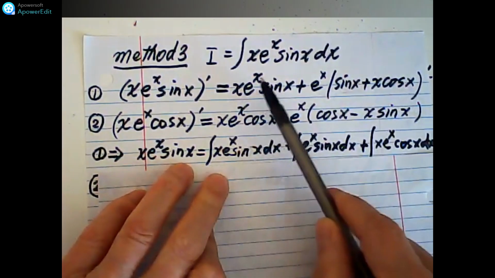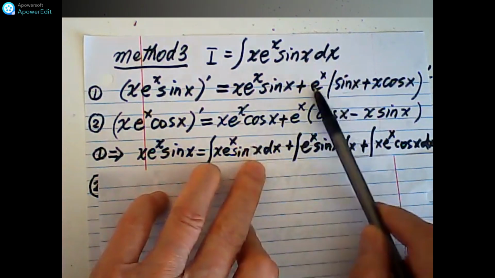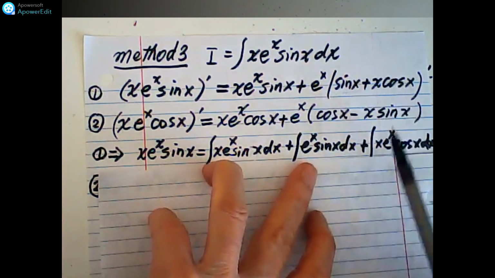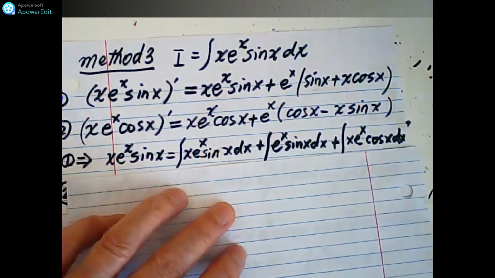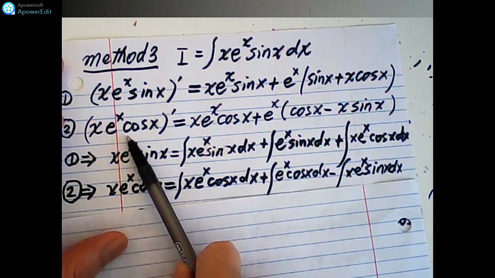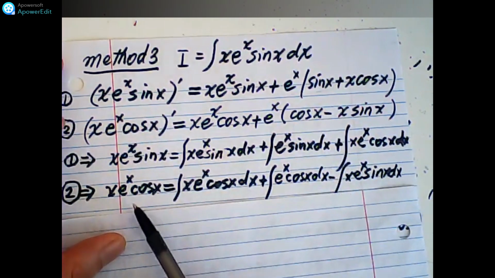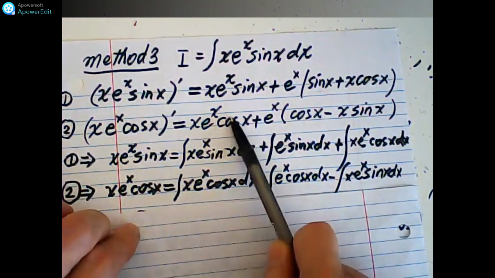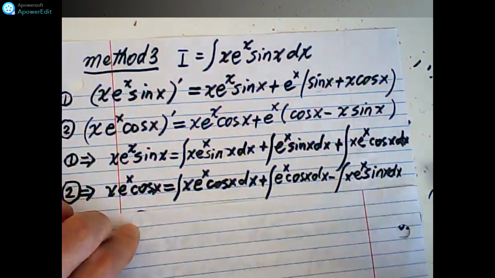This side integral is this integral plus this integral plus this integral. You have 3 integrals, right? Similarly, equation 2, if you integrate both sides, this side is this, and the other side you have 3 integrals.